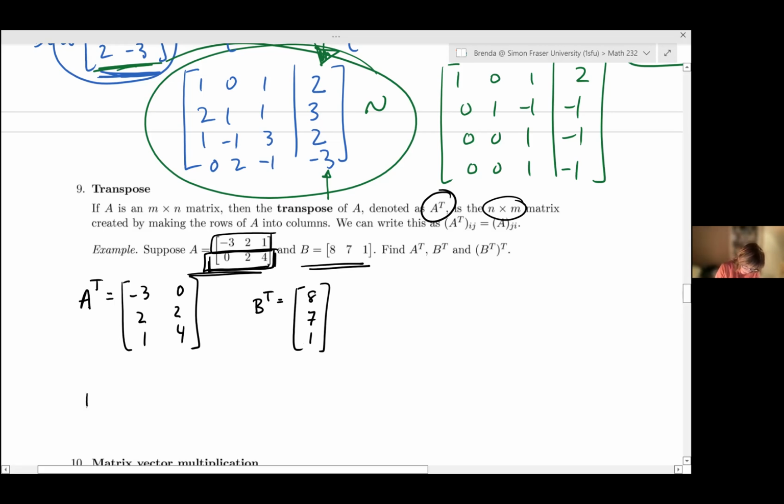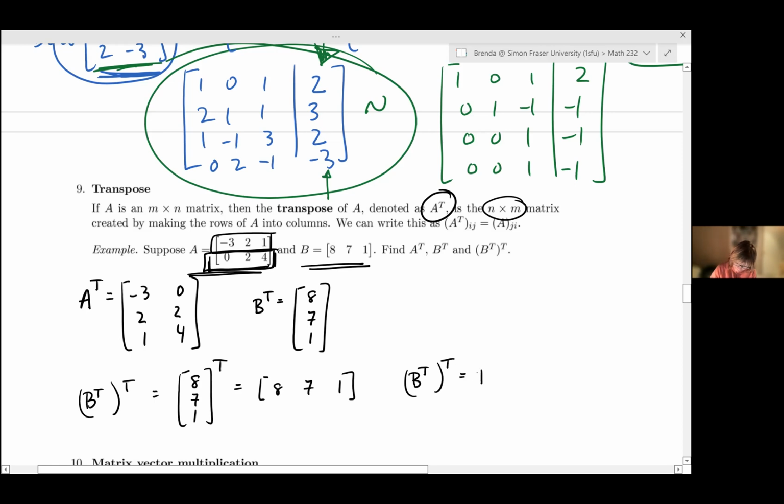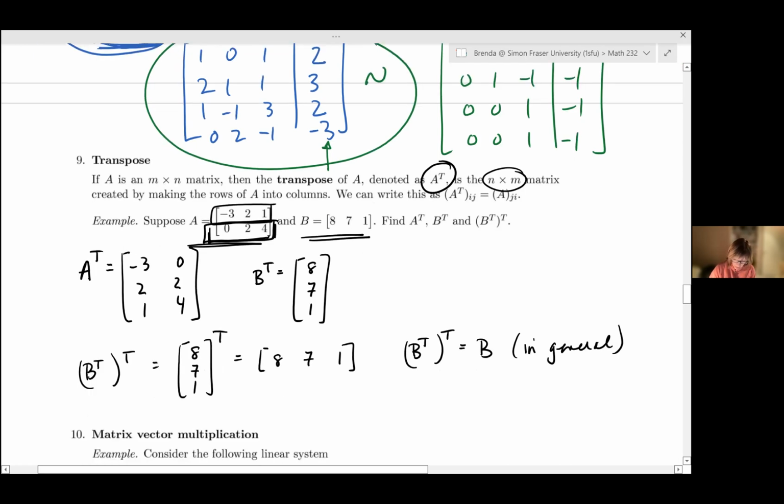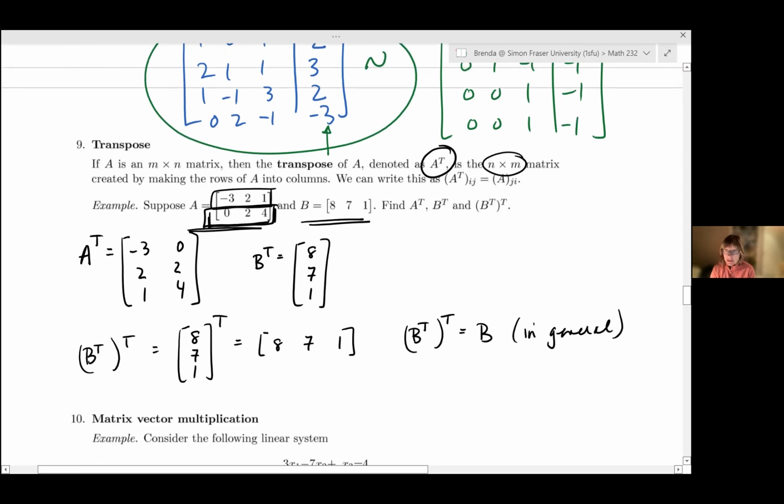And if I take the transpose again, B transpose transpose, I take this guy, 8, 7, 1, that's B transpose, and I take the transpose of that, and I get 8, 7, 1. So B transpose transpose is B. And that's, of course, true in general. All right. That's something you should know. Somebody says, take the transpose, you have to know what to do. It's a vocabulary word. I probably should have added it to my vocabulary for this lecture.